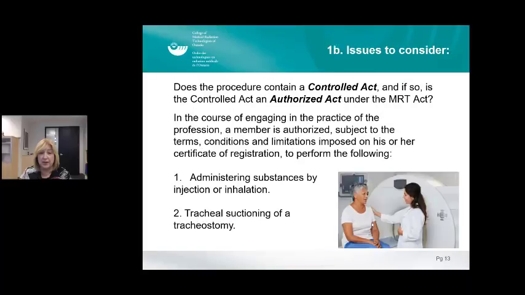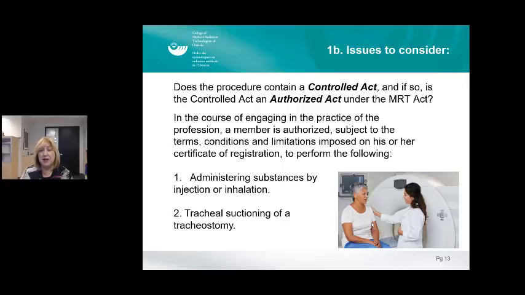The second item to consider is, does the procedure contain a controlled act? And if so, is the controlled act one that's authorized to medical radiation and imaging technologists under the MRT Act?